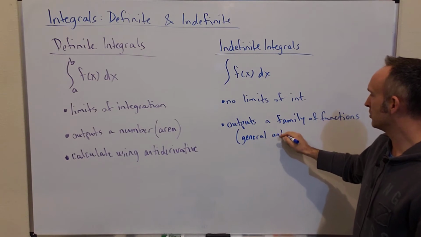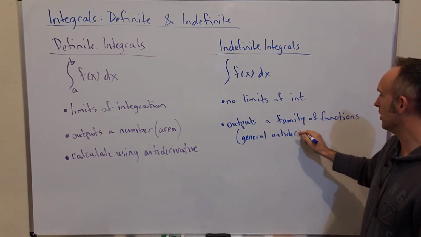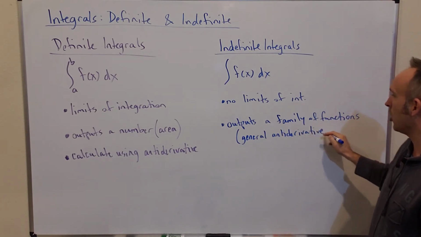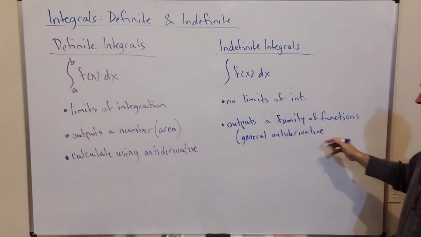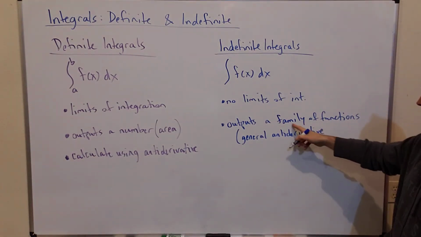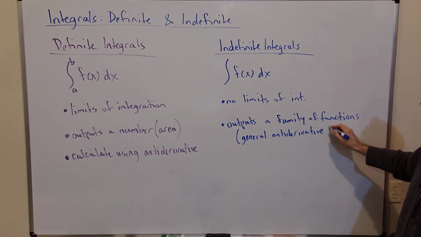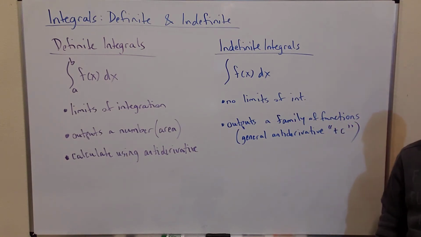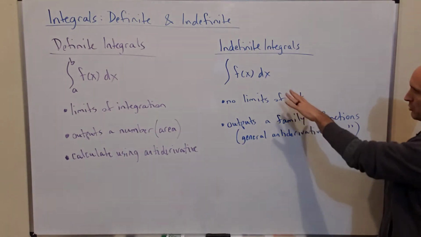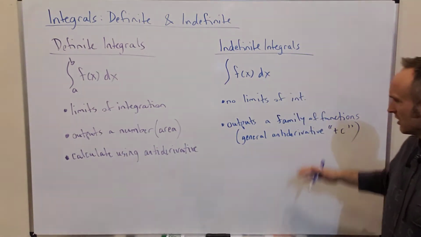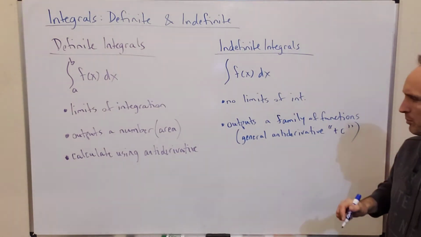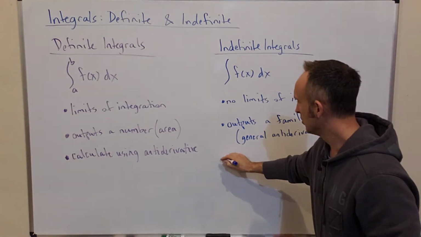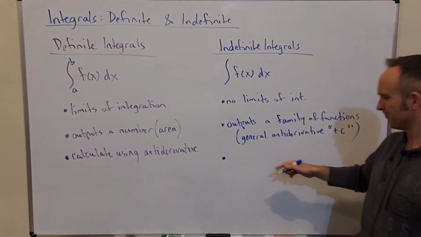It outputs a general antiderivative, of which there are more than one. You get all of them outputted from this, and it's a family of functions because of the plus c. It doesn't matter what constant you tack on, it will be an antiderivative of this function. So there are a bunch of functions outputted by this.